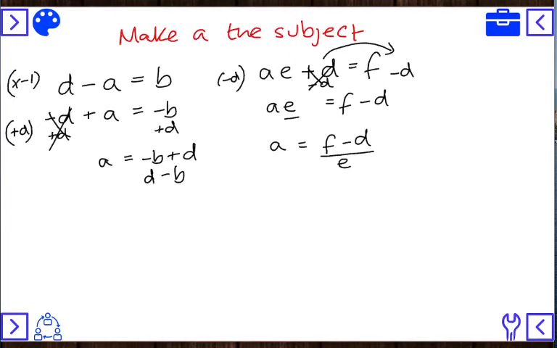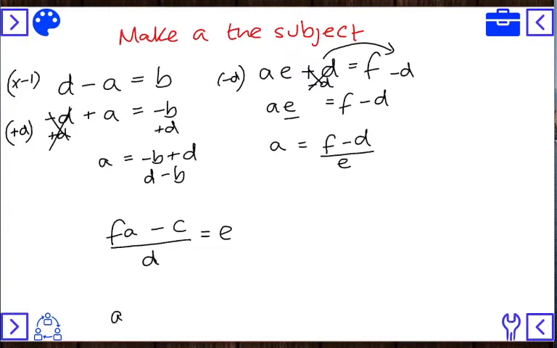Next one, FA minus C, all divided by D, and this is equal to E. Now, as the questions get progressively harder, sometimes people find it a little bit easier to put this as a map of all the things that were happening to A as we move through the question.